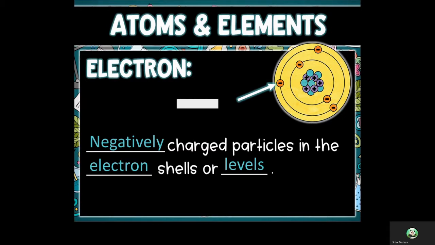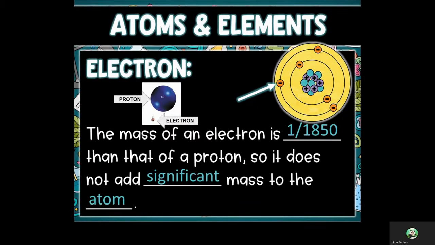So if you were to do a size comparison, the proton would be the size of this bowling ball, and the electron's like this marble in comparison, one to the other. So electrons are very tiny, and they necessarily don't add a lot of mass to the atom. So we consider them, for 8th grade purposes, to have a mass of 0 atomic mass units.